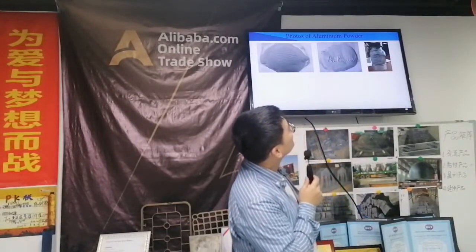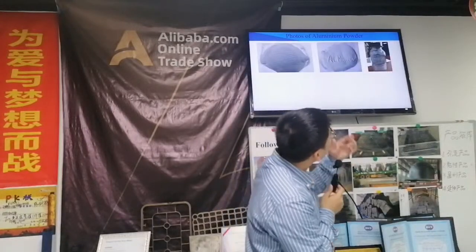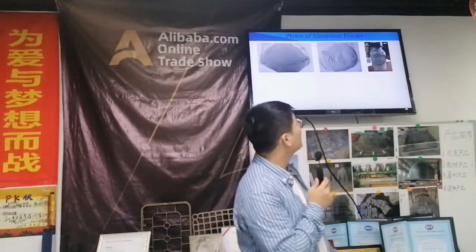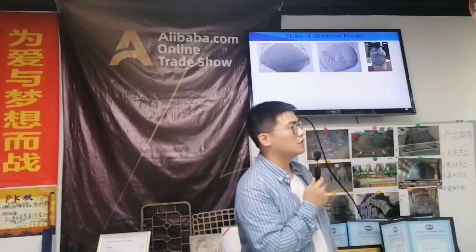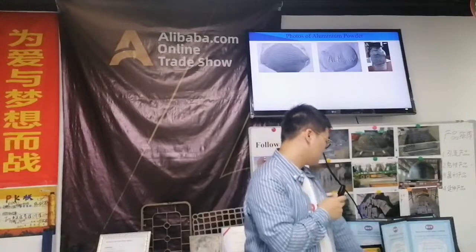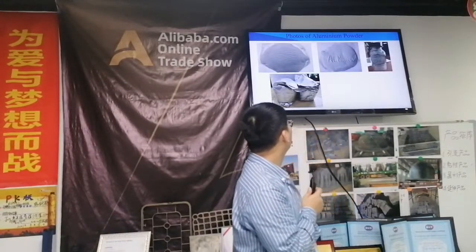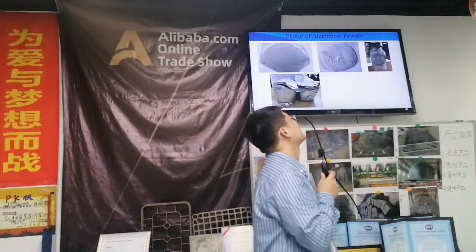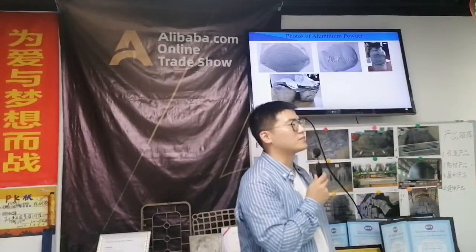And the third picture is our aluminum powders as a sample, which is packed in bottles. And the package is as usual as the nickel powders before.